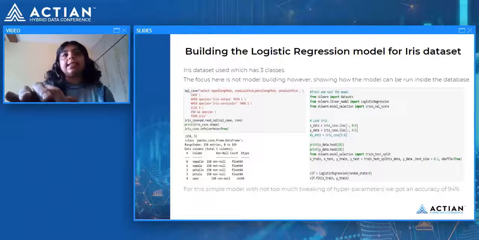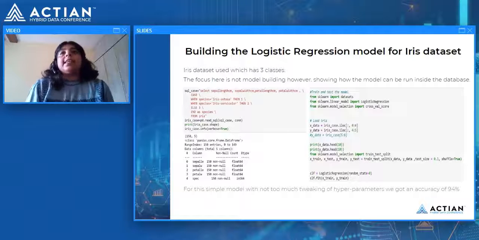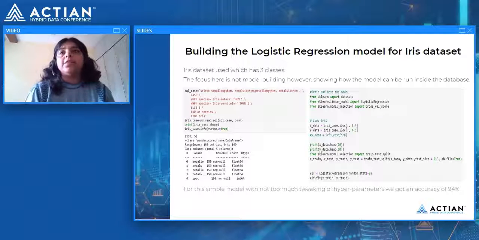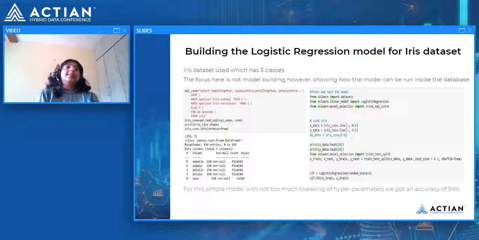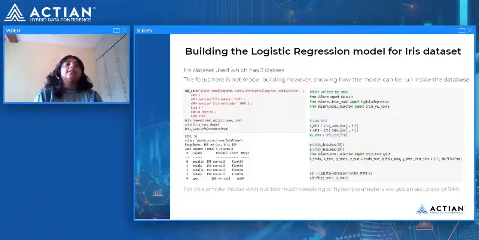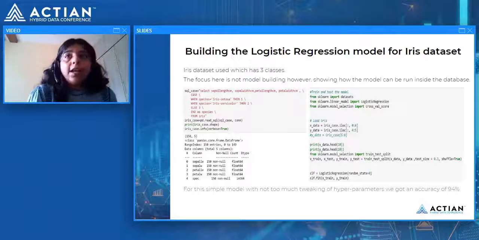So how did I do that? First of all, building the logistic regression model. This is simple code, very common when you use scikit-learn. You simply get some data into pandas and then make a model out of it.